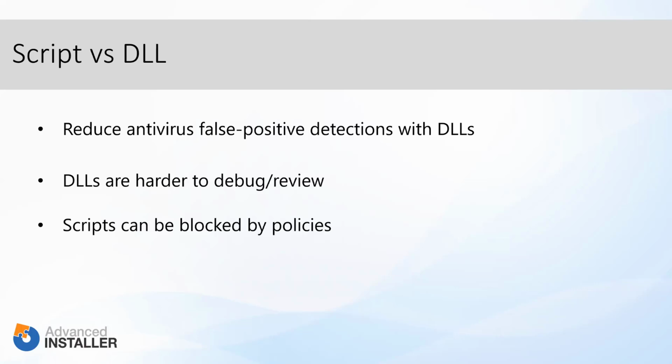With all that being said, even scripts can cause headaches for IT pros if they are not careful. The most common source of problems is enterprise policies that prevent scripts from running. These kinds of policies are usually deployed in the enterprise by the security team.